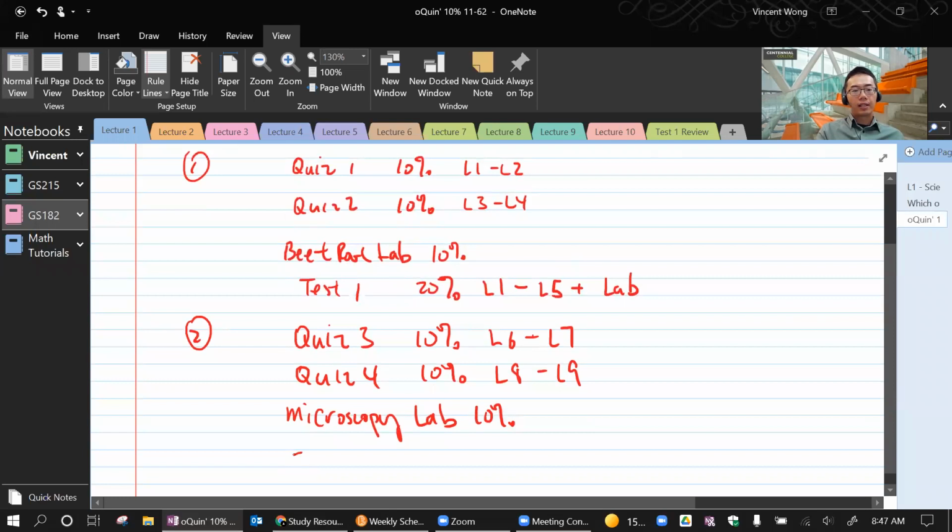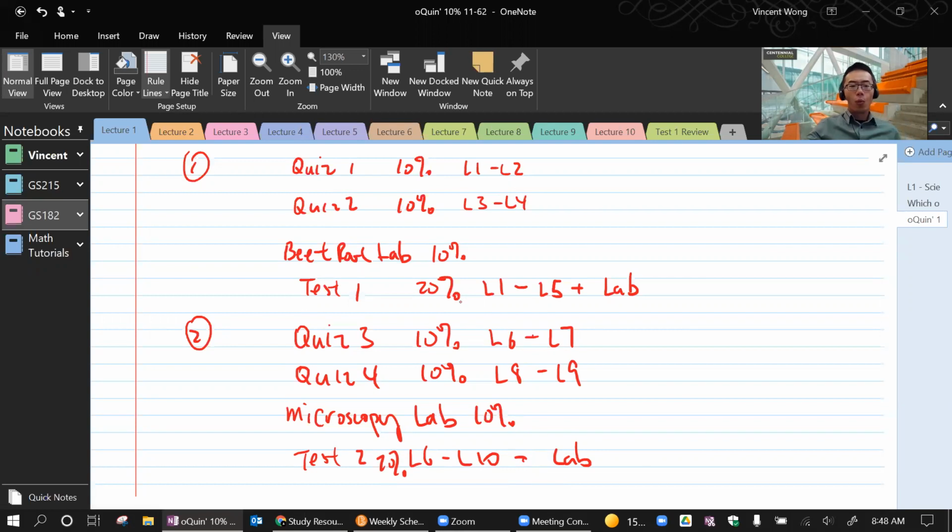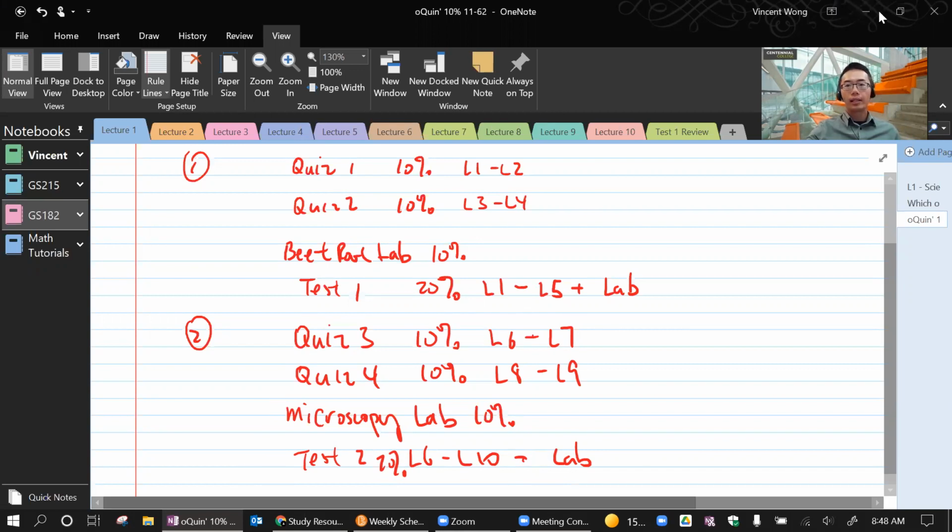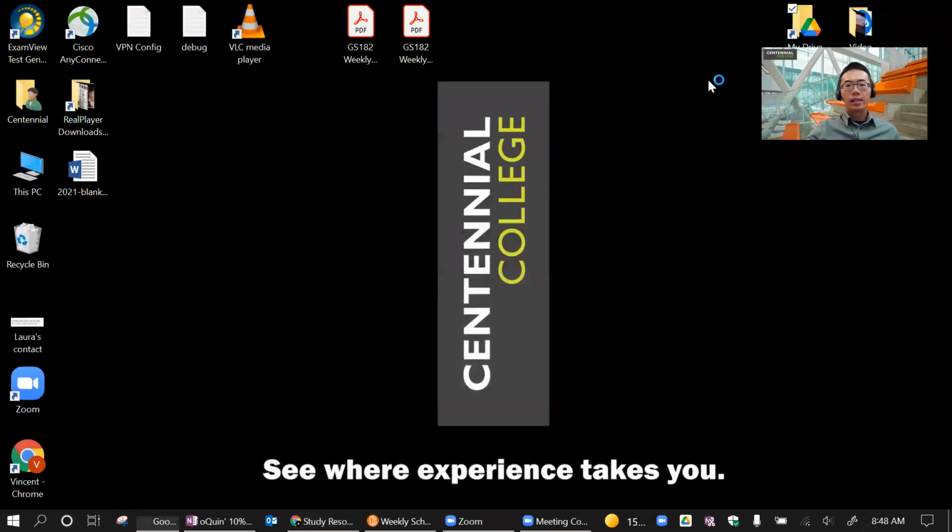And then finally, test 2 will be lecture 6 to lecture 10, and it will be 20%, just like before, plus the lab. Okay, so together it's going to be 100%. As to when the labs will be happening, you can look at the weekly schedule.